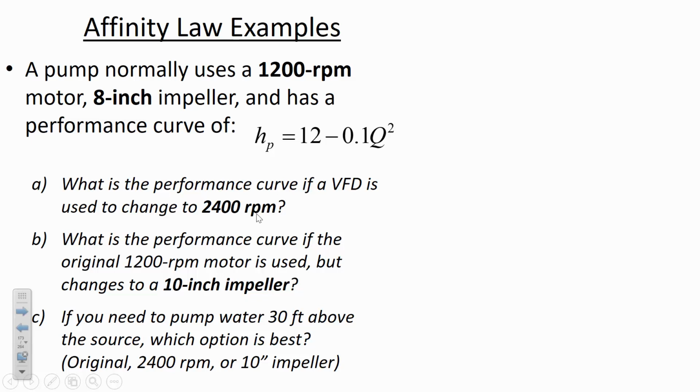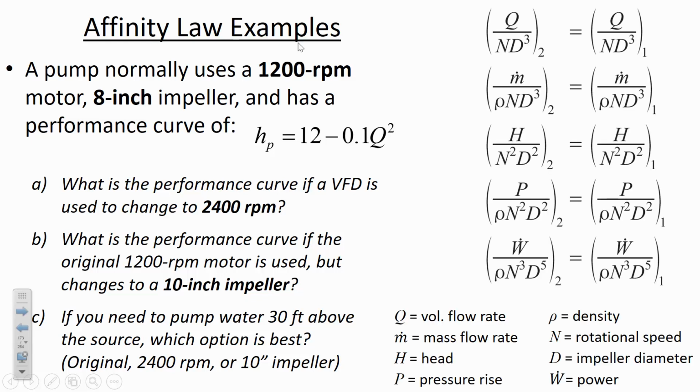Okay, so if we go to the affinity laws and try to find out which of these equations we are going to use, we want to find the ratio of the Q's, and we also want to find out what's happening with the heads.